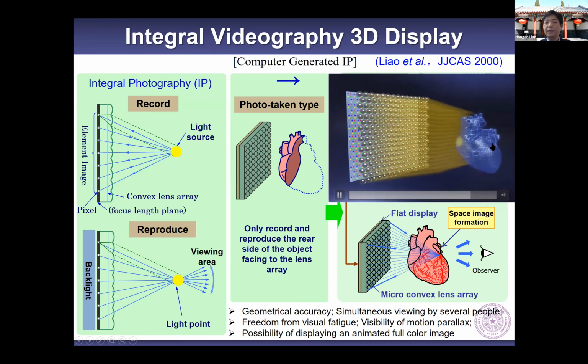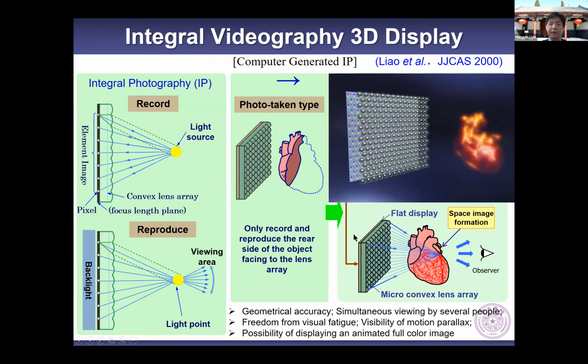When you see that from this field, we can get the whole information of the 3D object. This technique is geometrically accurate and can be viewed by several people at the same time. It is also free from visual fatigue, and it has full motion parallax.